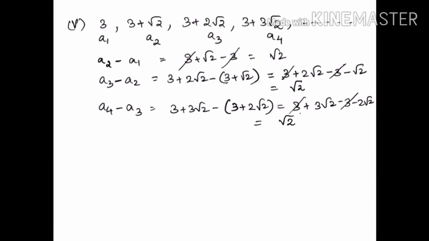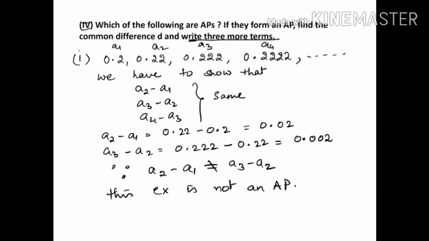Next question is already solved. Pause the video and go through the steps. Since the common difference root 2 is same for any two consecutive terms, this is an AP. Question number 4, the second part is to write 3 more terms if the given list of numbers is an AP. So we skip the first example because this is not an AP.